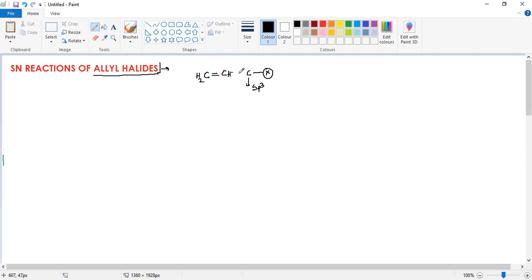That means here it should be single bonded, 1 2, 1 2 3. So CH2. So this carbon shows sp3 hybridization. A halogen atom attached to an sp3 hybridized carbon next to the carbon-carbon double bond is known as an allyl halide. Clear?